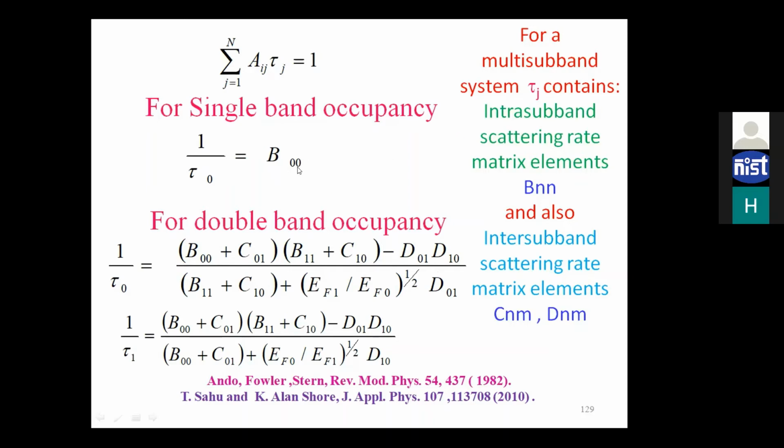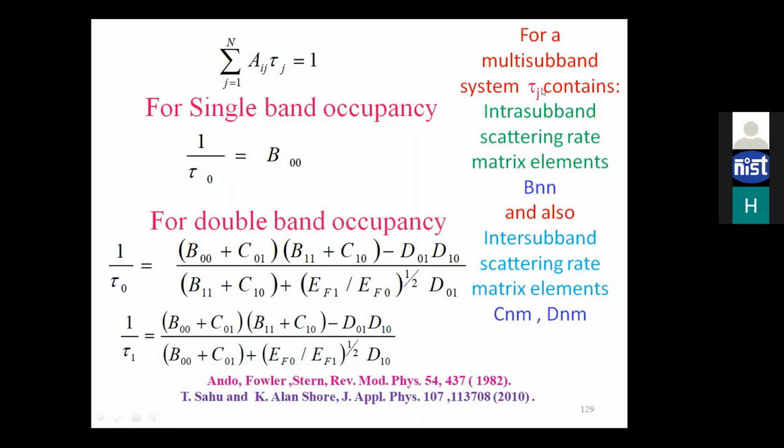So B00 is the intra subband scattering rate matrix element. Likewise B11, 1 to 1, is also intra subband. However, if it is 0 to 1 or 1 to 0, it is inter subband.